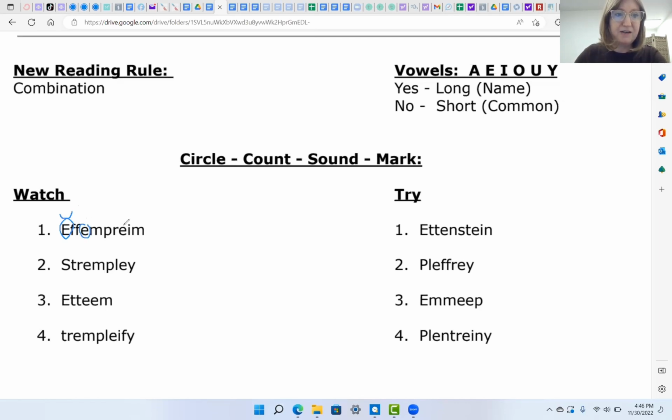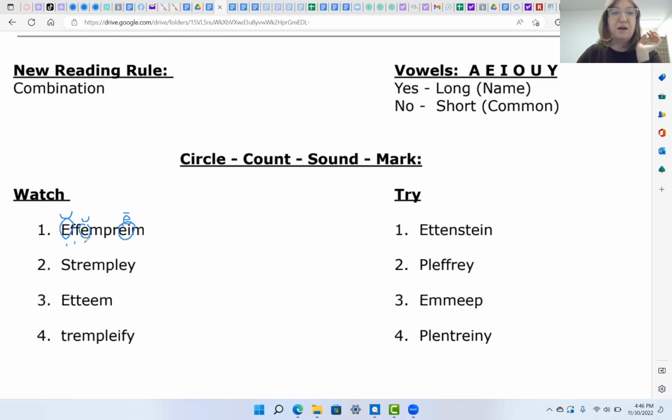There's an E. Here is an EI vowel team. That guy gets circled, and he is going to sound like a long E. This I'm going to tap 2, 1, 2. There's only consonants there, so it's also going to make its short sound. Now I'm going to pencil read it. Just as a reminder, when you have 2 of the same letter, you don't have to sound them out twice, only once.